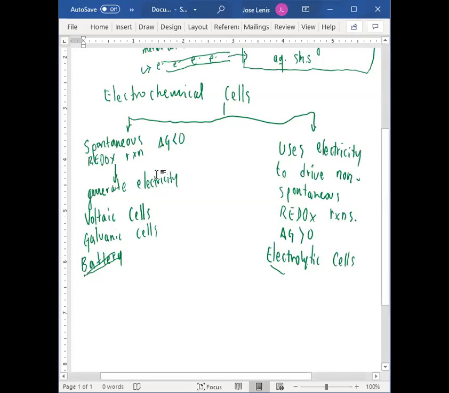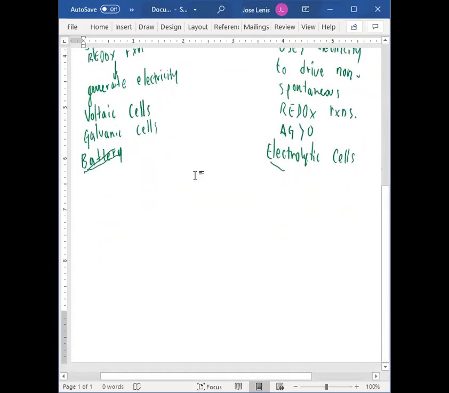I'll show you how to create a battery. So again, voltaic or galvanic cells use spontaneous redox reactions to produce a current that can be used to do work. And that is what we call electrical work.